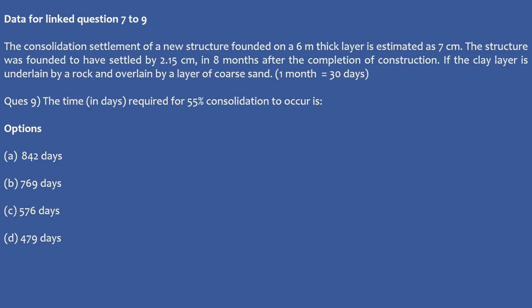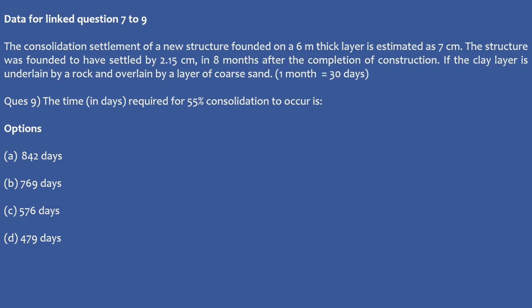Next, you need to calculate the time required for 55% consolidation to occur. The consolidation settlement of a new structure founded on a 6 meter thick layer is estimated at 7 centimeter. The structure was found to have settled by 2.15 centimeter in 8 months after the completion of the construction.